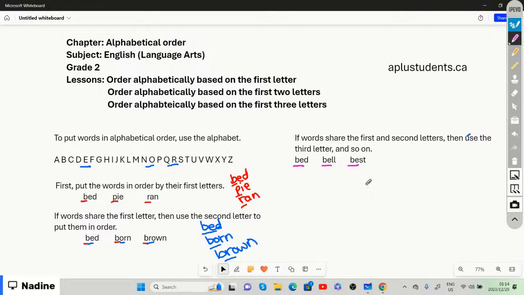because all of the first letters are the same. We cannot look at the second letter because the first and the second letters are the same. Then we need to look at the third letter.